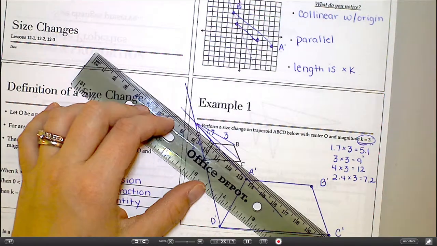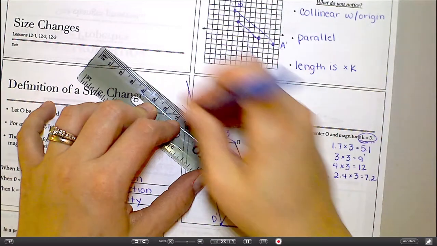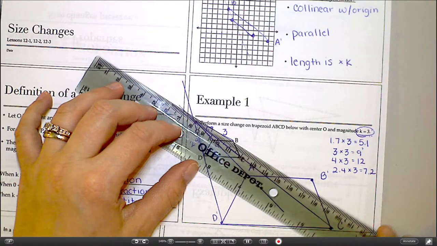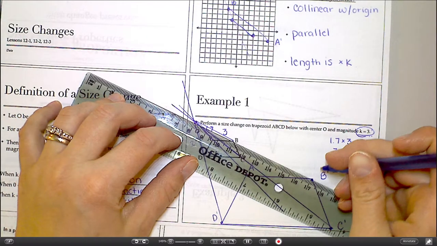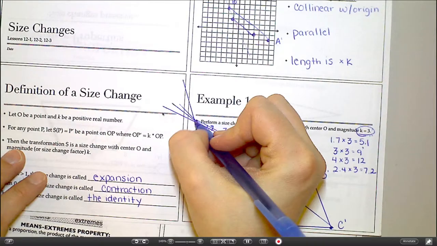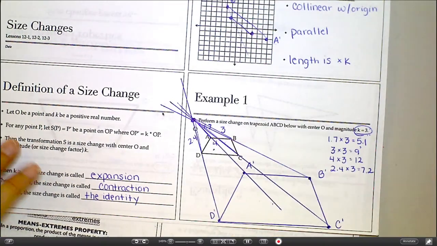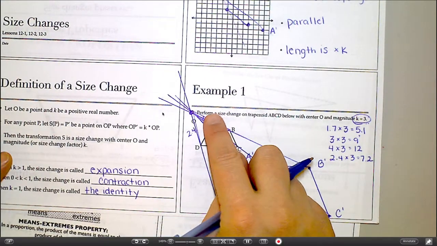It's a little bit off, but connect C and C prime, and connect B and B prime. What do you notice about where all those lines cross? Don't they cross at that one, the center, what we used as the center before?